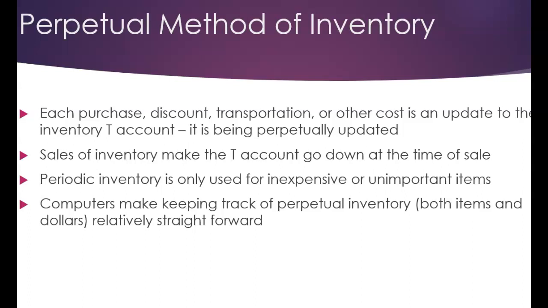Most organizations still count inventory, and they use that as a method to compare against the ending balance that's based on scanned transactions, that is, purchasing of inventory gets scanned and selling of inventory gets scanned.